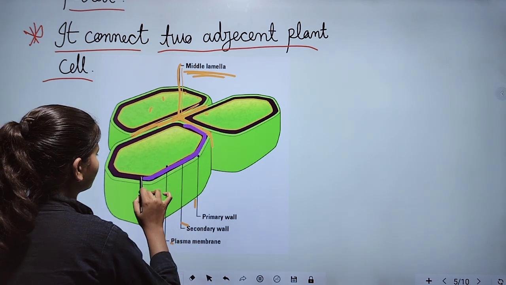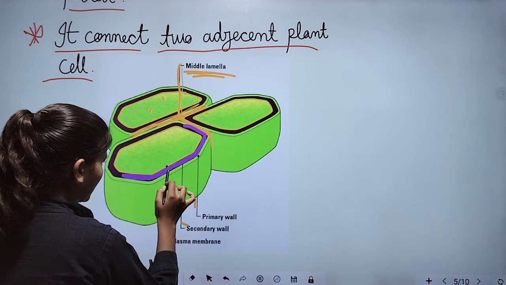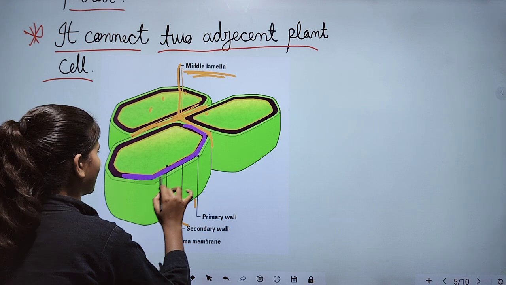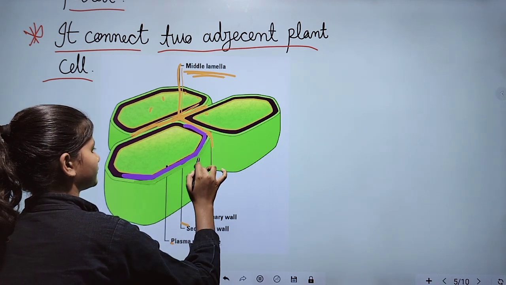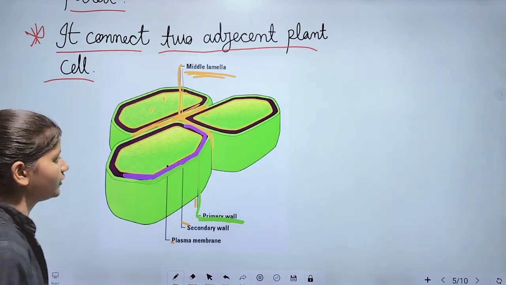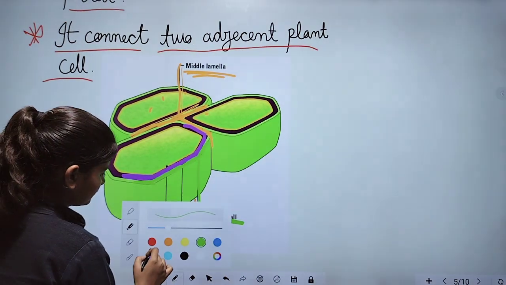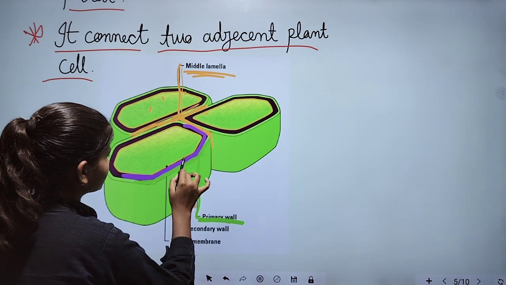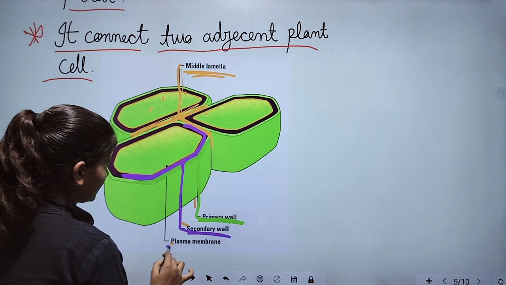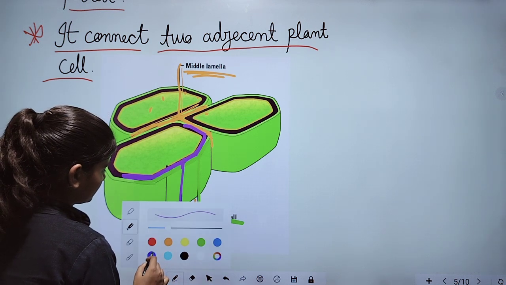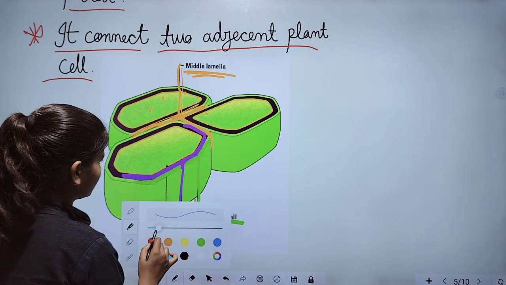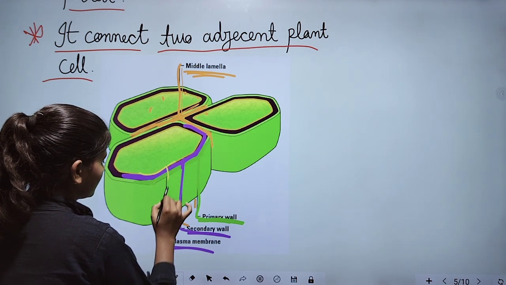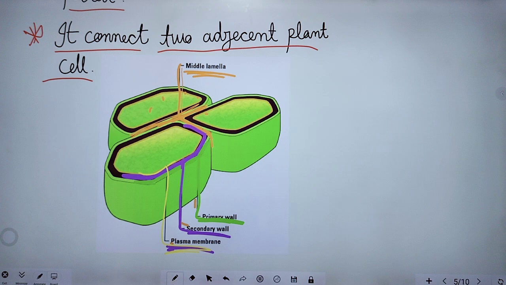It is thick as compared to primary, and this green one is primary cell wall. Okay, and this one is secondary cell wall, and the yellow one is plasma membrane. Okay.